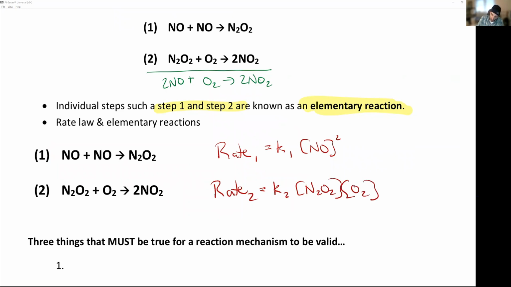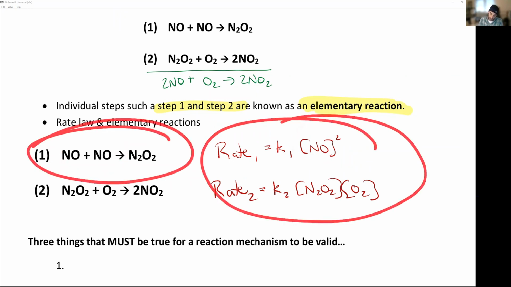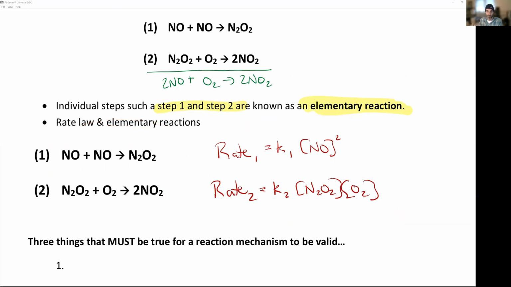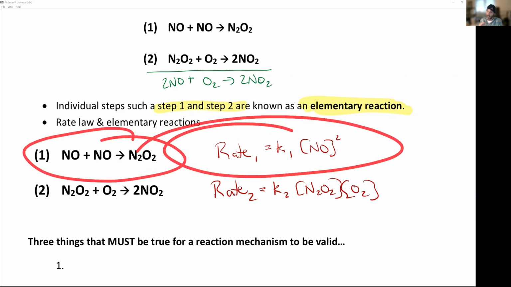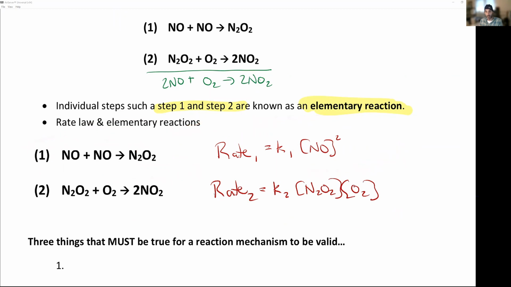Again, for the first step I've got 2 NOs there, that's why it's NO times NO, to square it. So these are the rate laws of these 2 individual steps because they are elementary reactions. The moral of the story is, for an overall reaction, you cannot write a rate law, you have to get that from experimentals. But if it's elementary steps, you absolutely can and should write out the rate laws.